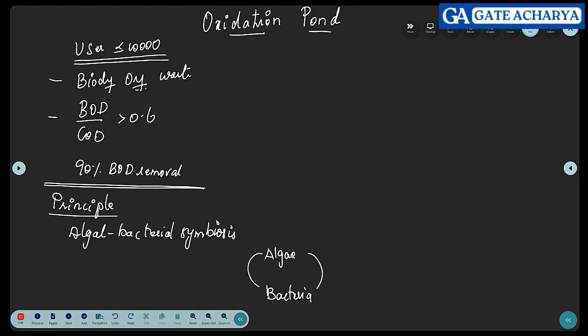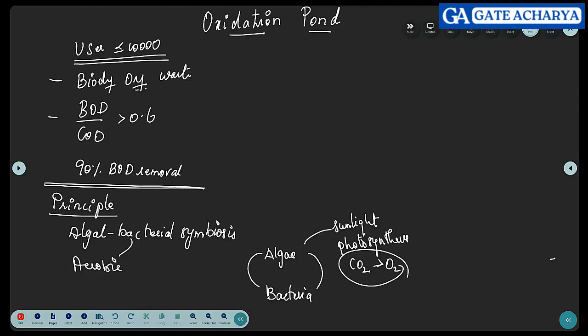How does algae produce food? In presence of sunlight, by photosynthesis. They consume carbon dioxide and produce oxygen. Here aerobic bacteria alone play the role.